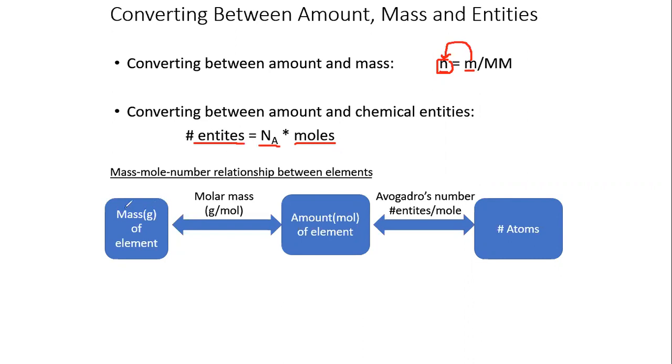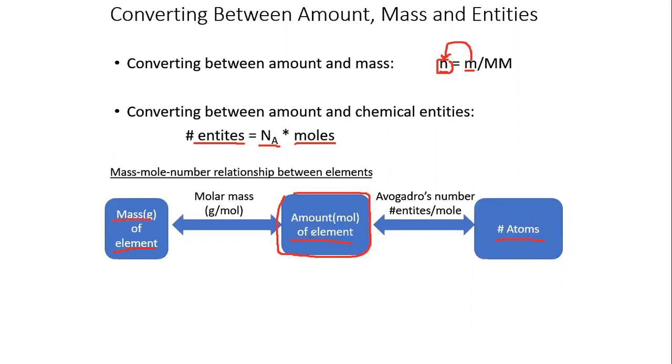So in this kind of flow chart here, if we start with the mass of an element, we have to get to the moles of the element first, and then we can convert it to the number of atoms. So we have to go mass to moles, moles to entities. In this case, moles is the middleman between mass and atoms.